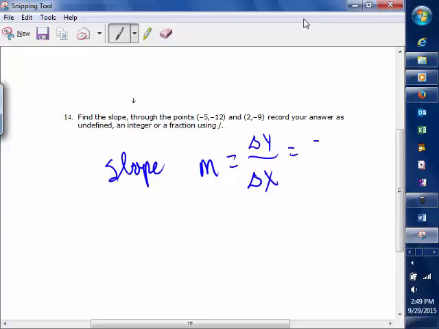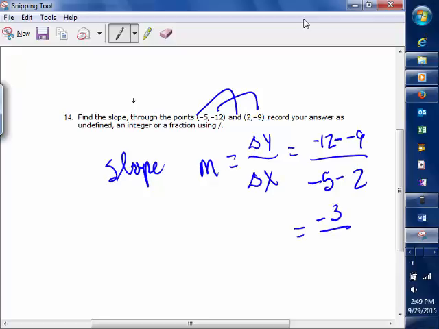So we take negative 12 minus negative 9, those are the y's, over negative 5 minus 2, the x's. So we get negative 12 plus 9 is negative 3. Negative 5 minus 2 is negative 7.